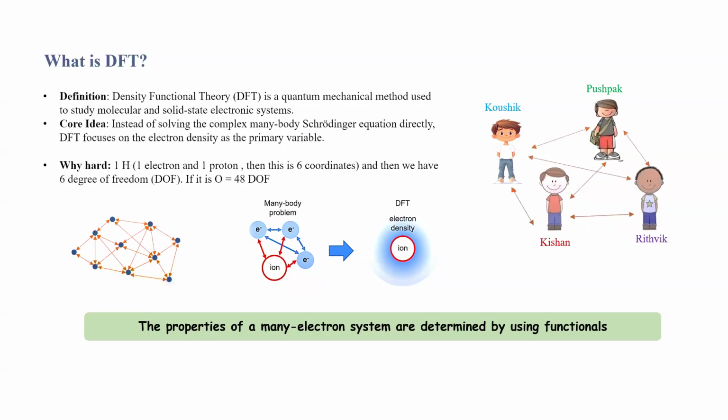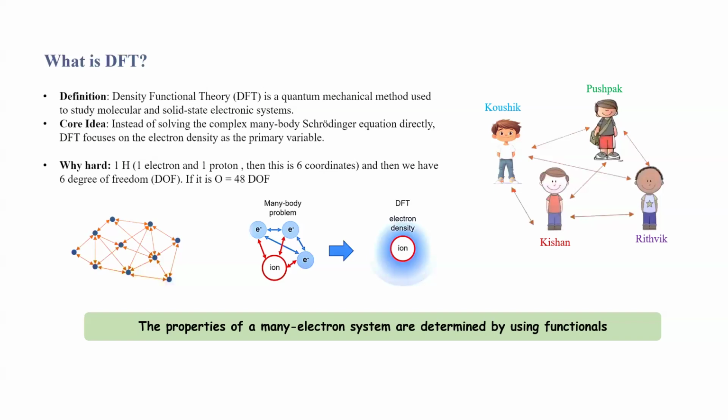There is a slight difference between quantum mechanics and DFT calculation. In quantum mechanics, we use the Schrödinger equation to solve your system, and the Schrödinger equation focuses on all the electronic parts of your system.